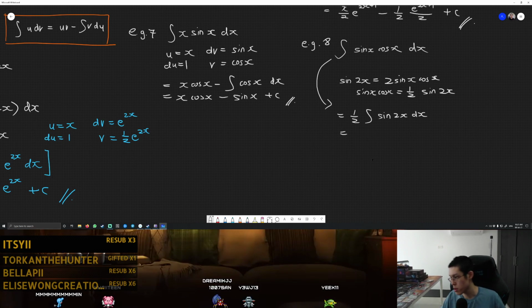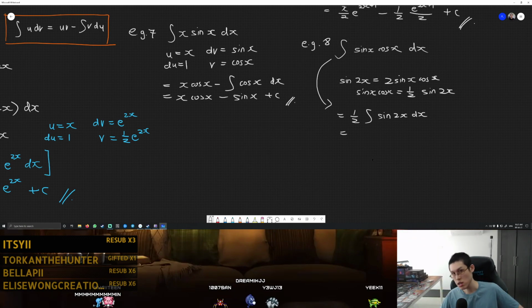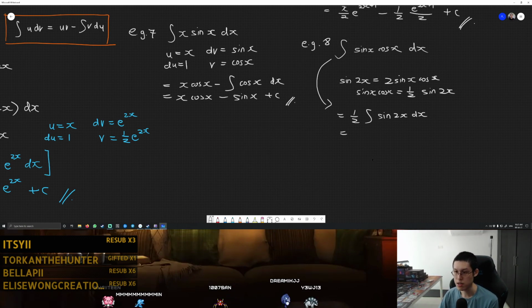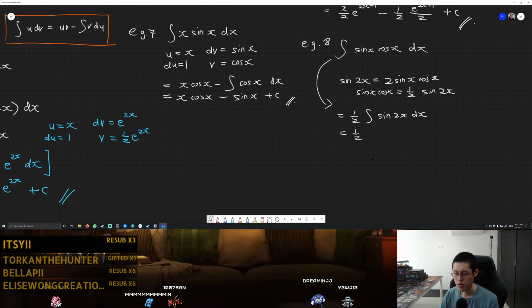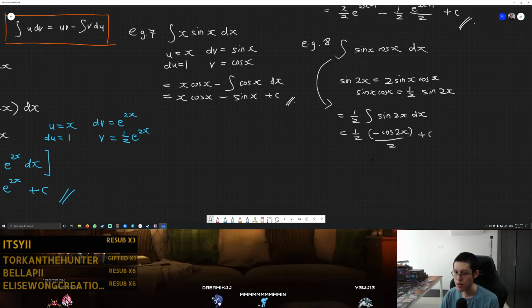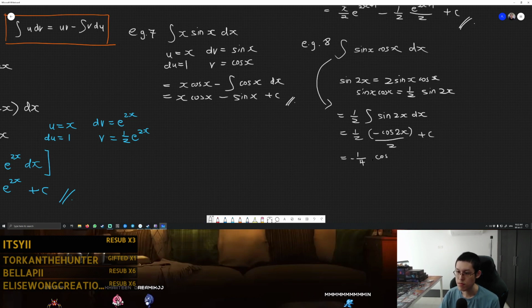So if you remember your identities, it's usually best to use them because it simplifies the workings a lot. So in this case, what happens if you integrate sine? You get negative cos, right? And you divide by the derivative of the inner function. And done. Okay.